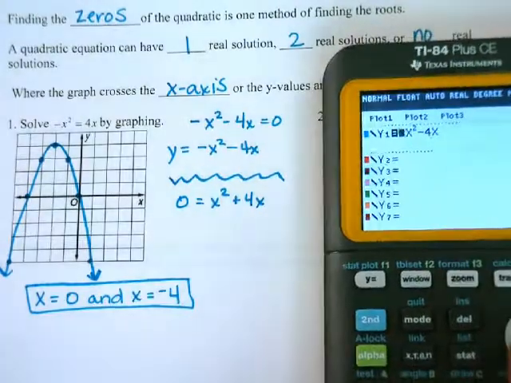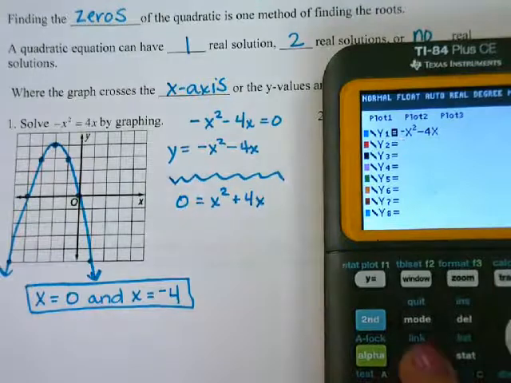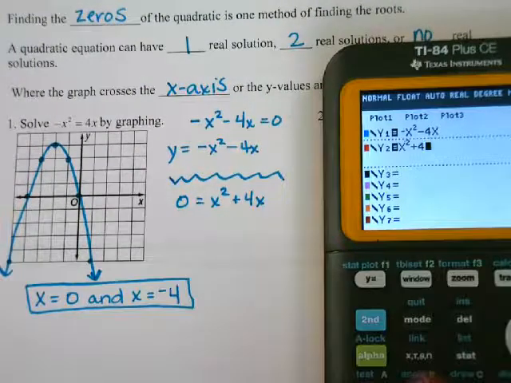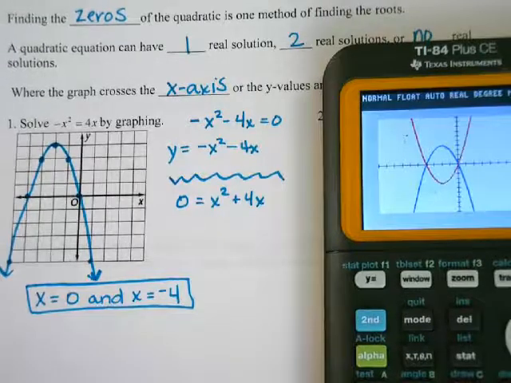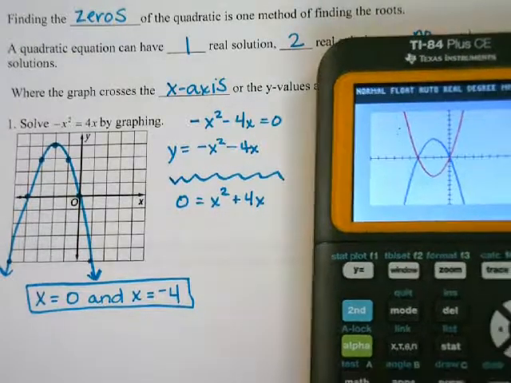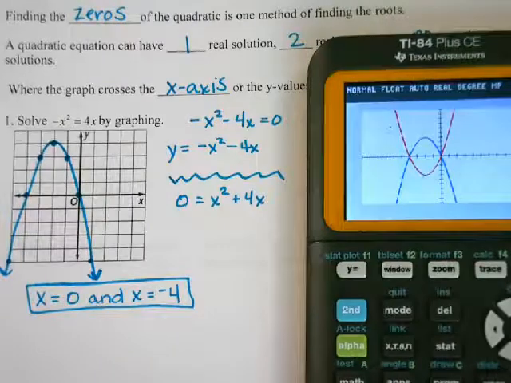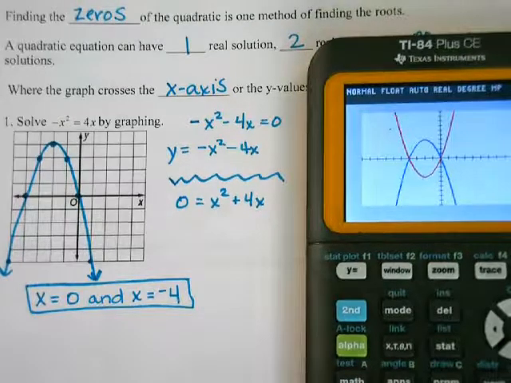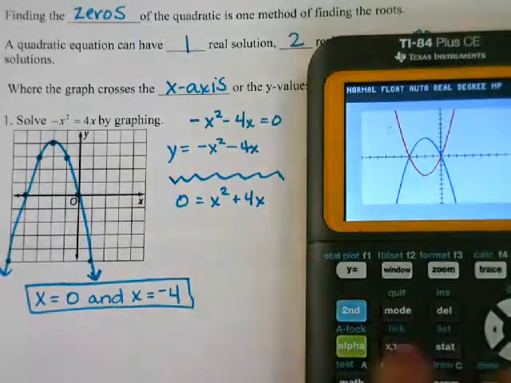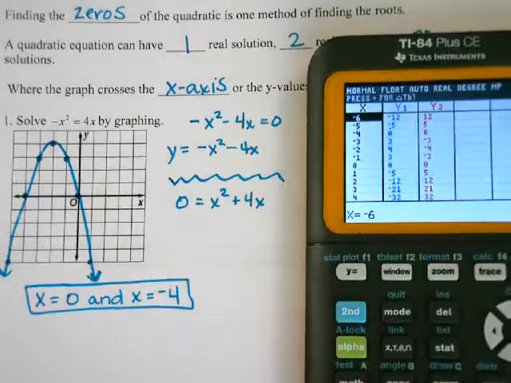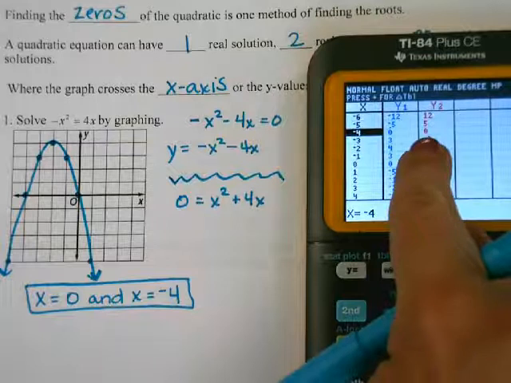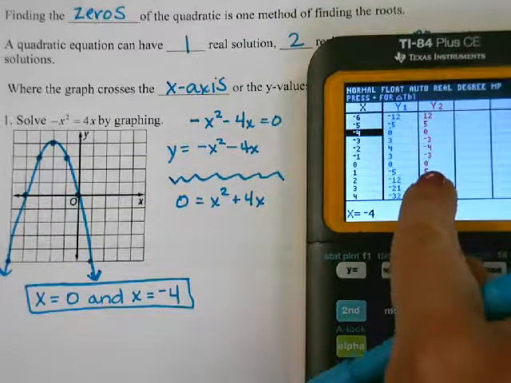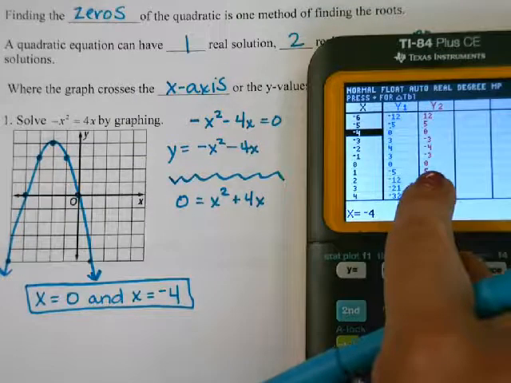Okay, so let's plug that in, and I'm going to do it on a different one so you can see it. So there's our original one. There's if it would have opened up. Did it change? It just flipped over, right? Did it cross the x-axis at a different spot? No. I still have a 0 at -4 and a 0 at 0. Does that make sense?